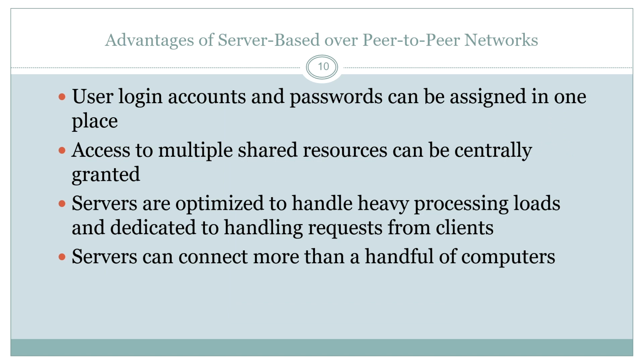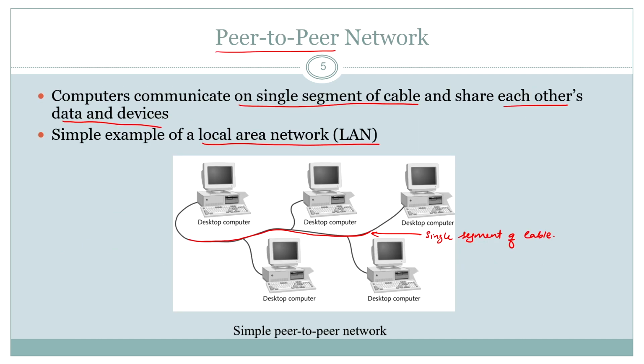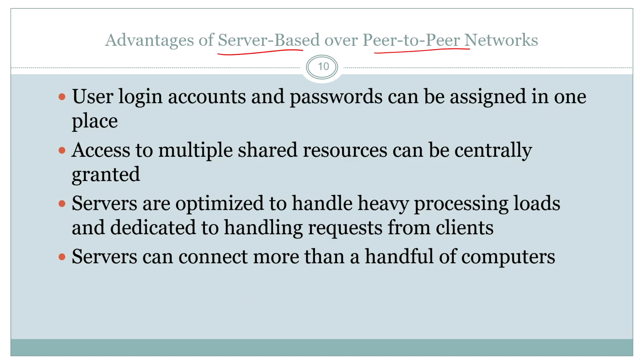Now, what is the advantage of a server based system over peer to peer networks? You may wonder that this diagram and this diagram kind of look similar. So, what is the main difference, except that there is one big server and everybody is talking to that? The main advantage is, what is the main advantage of server based systems? The user login accounts and passwords can be assigned in one place.